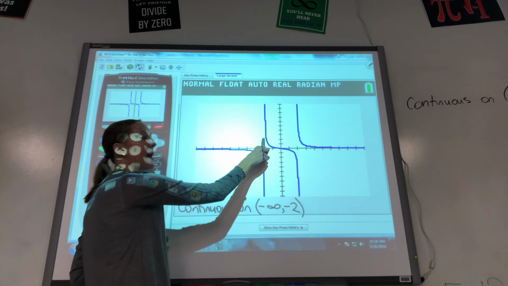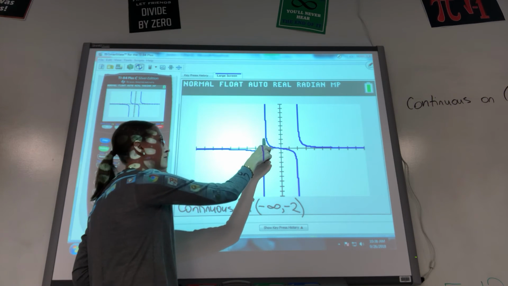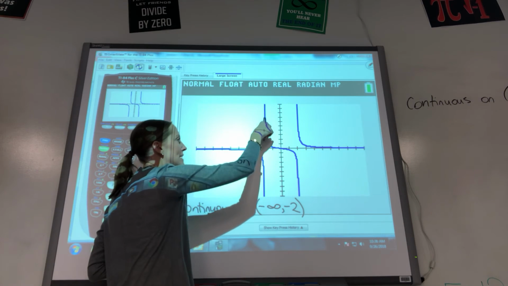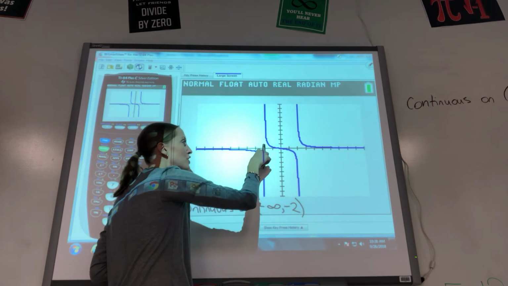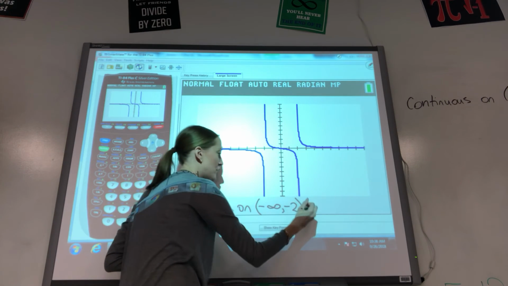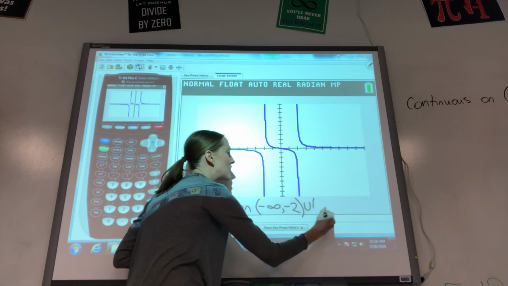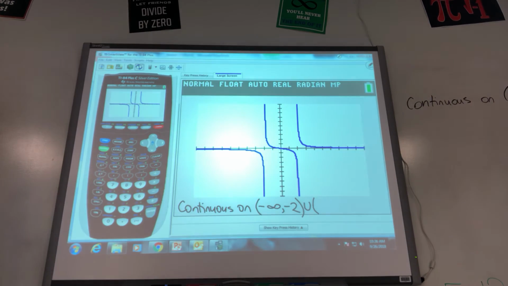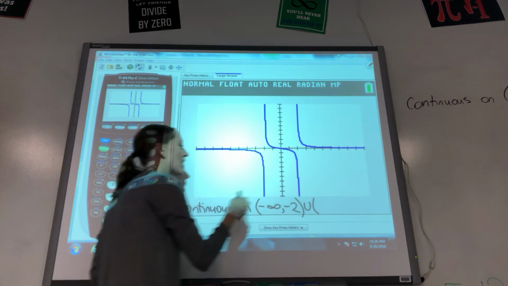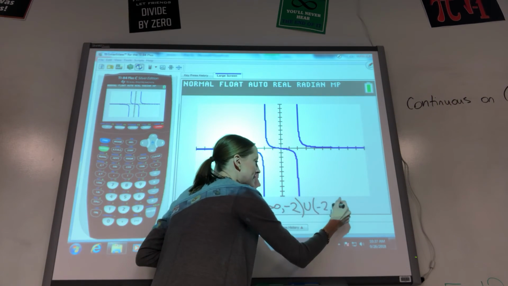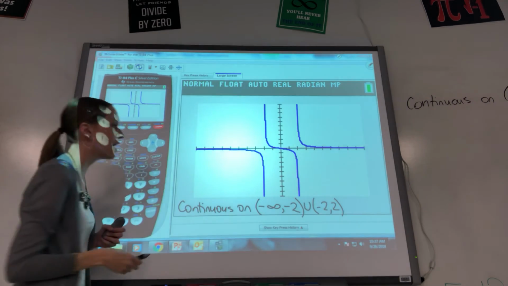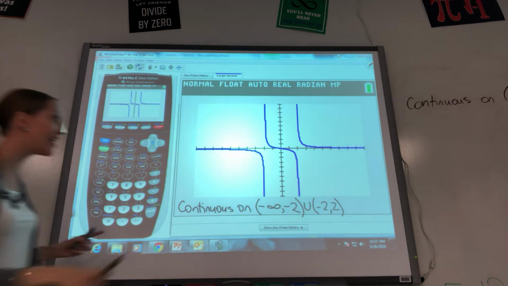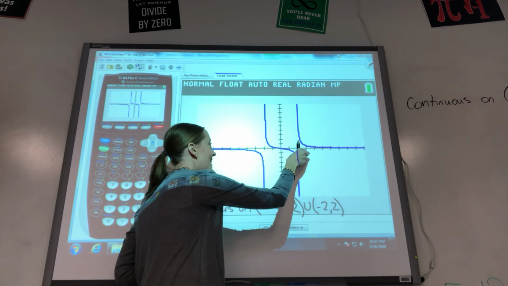Now, once you get past the first vertical asymptote, it's continuous for everything else in between -2 and +2. So we're going to go back and use that little union symbol like we used a long time ago. And we're going to list all of our values between -2 and +2, but not equaling either one.